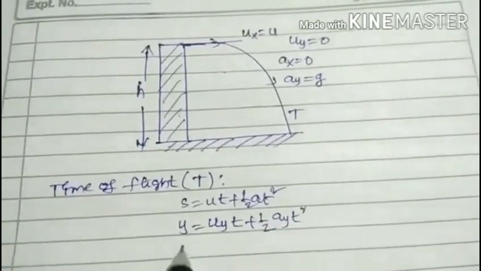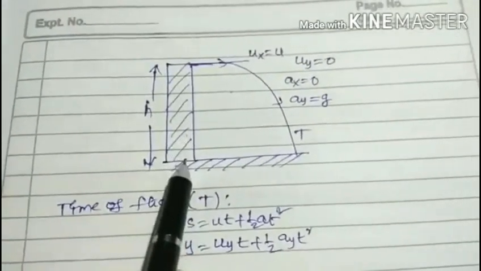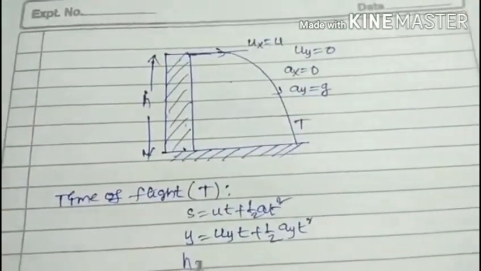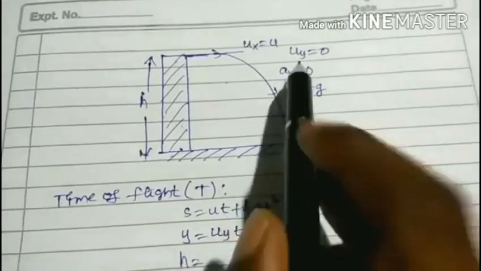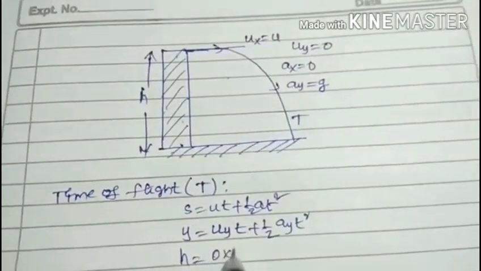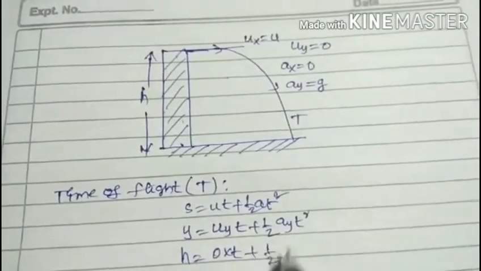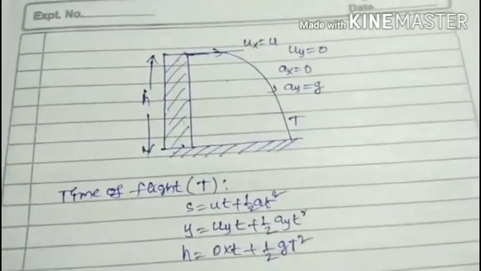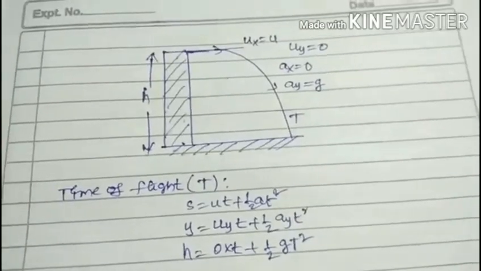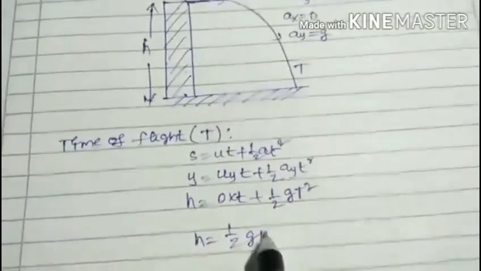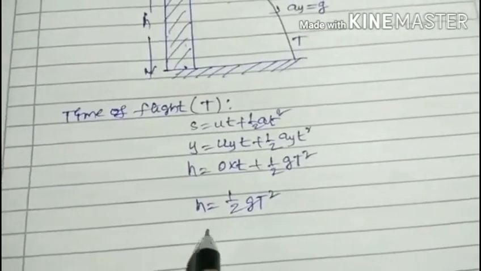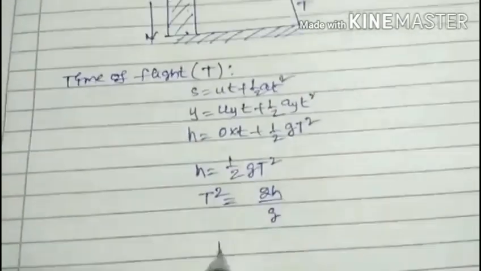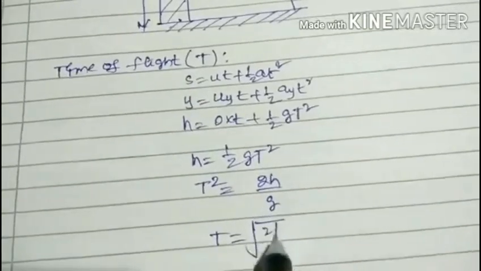Here y is the height of the projectile, that is h, equal to 0 into t plus 1 by 2 g t square. So h is equal to 1 by 2 g t square, t square is equal to 2h by g, and t is equal to under root of 2h by g.